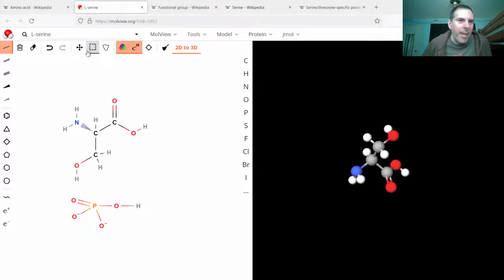So what you're going to have is a dehydration reaction where this oxygen here is going to get removed as a water molecule, and say this oxygen here will end up binding to the side chain.